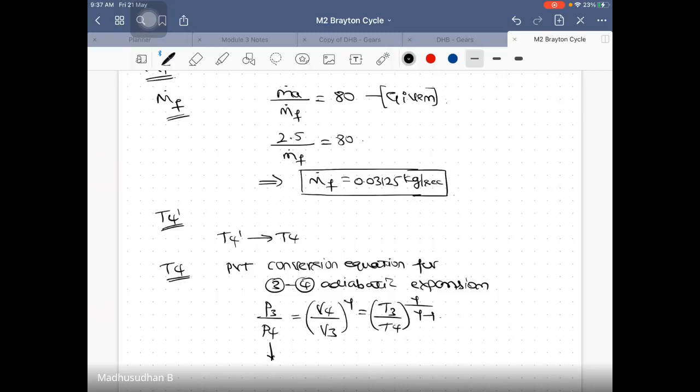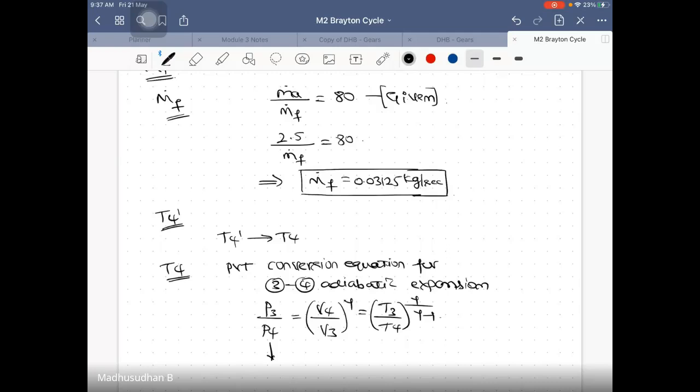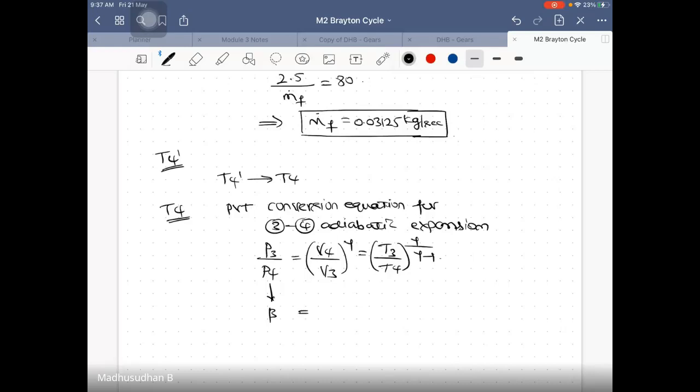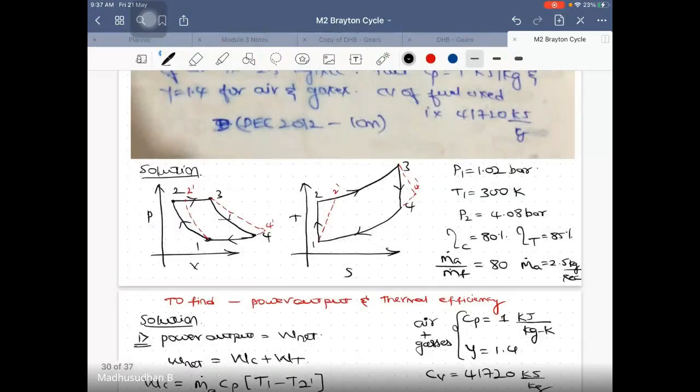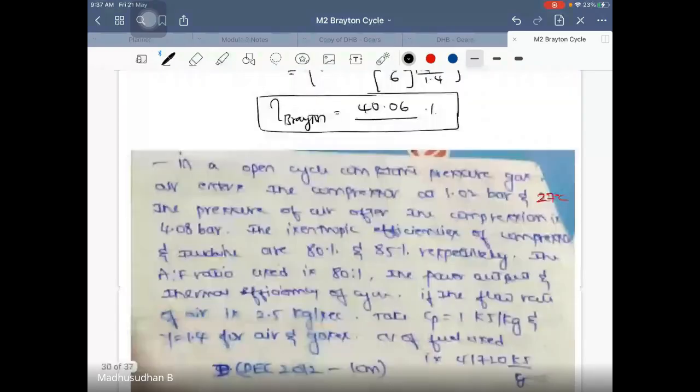P3 by P4 is directly beta there. Okay. Now from this, do I have the value of T3? P3 is equal to P2.